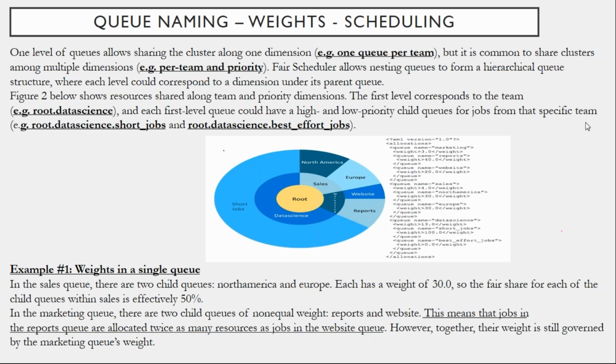Within marketing you have website and reports. In marketing you have two child queues of non-equal weight. Here in marketing, you have a total of 3. In that 3 it has 40 GB for reports and 20 GB for website. This means the jobs in the reports queue are allocated twice as many memory resources as jobs in the website queue.